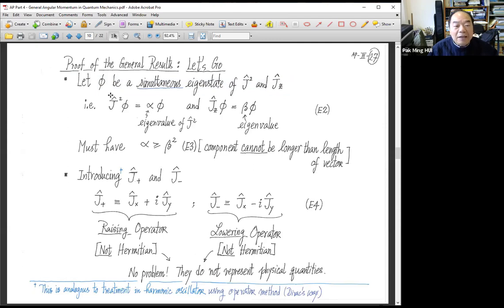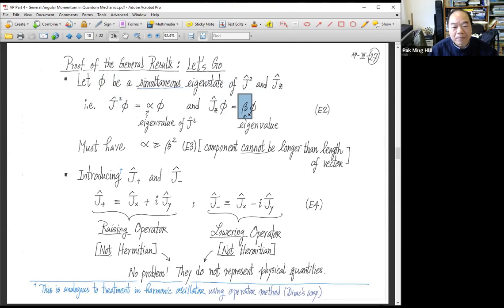And by that we mean J square phi must be a number, the eigenvalue alpha, times itself. And then JZ, same eigenstate, has the eigenvalue called beta. The game is to find what are the rules governing alpha and beta. So that is the question.